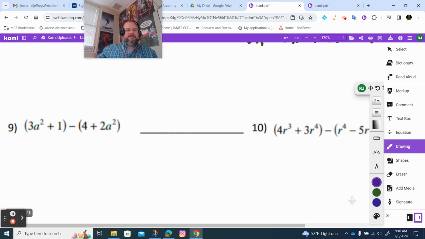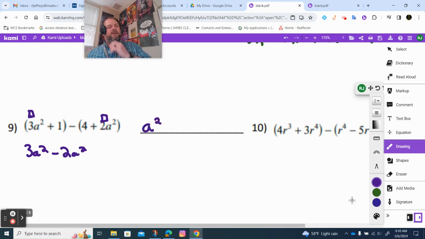All right, let's see. So 3a squared minus 2a squared. All right, this is just 1a squared or a squared plus 1 minus 4 minus 3.